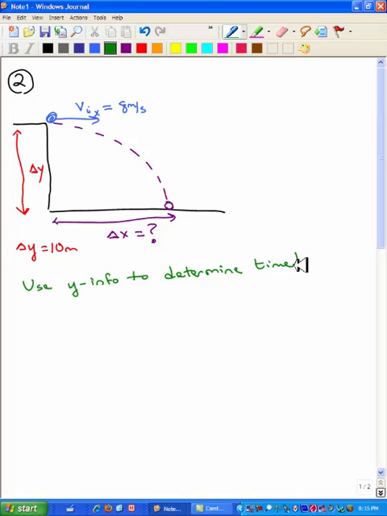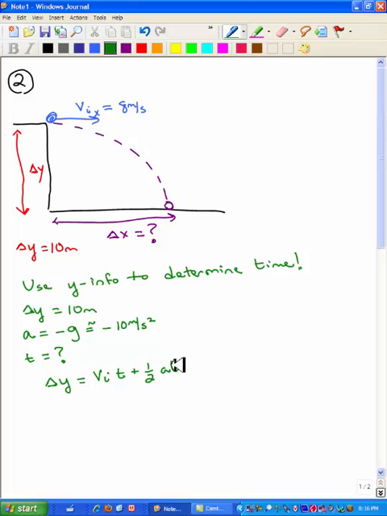Now, in the y direction, I know displacement is 10 meters. I know acceleration is minus g, which is, for the sake of ease, minus 10 meters per second squared. That's all that I know, but I need time. So if you remember from the last video, we're going to use the third of our kinematic equations, that long nasty one. Right, so I have delta y equals v initial t plus half a t squared.